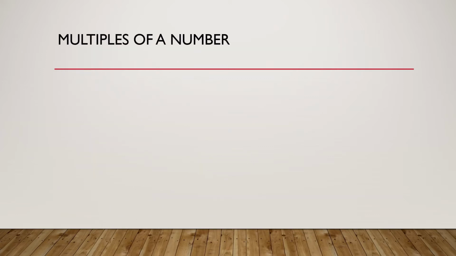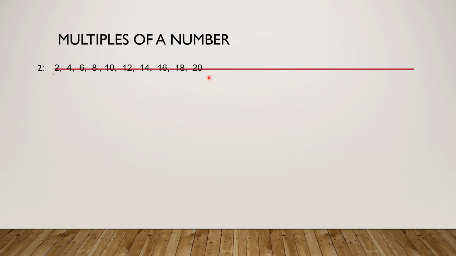We can also use keep counting or getting the multiples of a number. What are the multiples of a number? So we have 2, by adding 2 at a time: 2, 4, 6, 8, 10, 12, 14, 16, 18, 20. So just add 2 at a time.